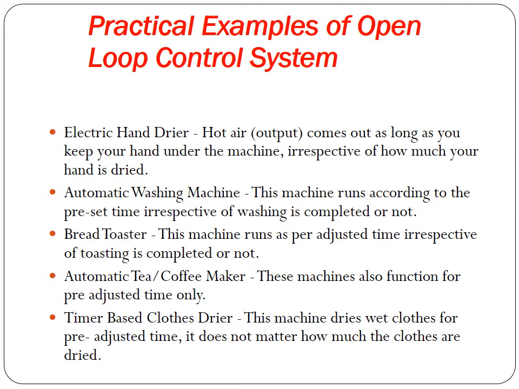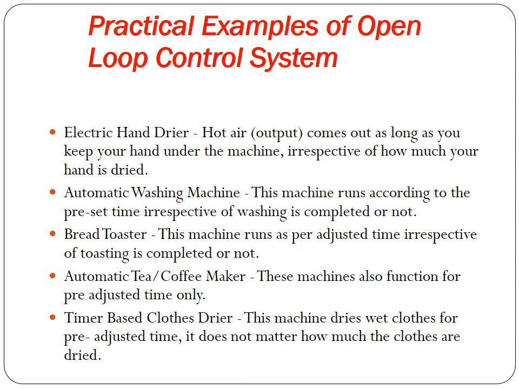Some of the practical examples of open loop control systems include the electric hand dryer, whereby the hot air is the output and it comes out as long as you keep your hand under the machine, irrespective of how much your hand is dried.